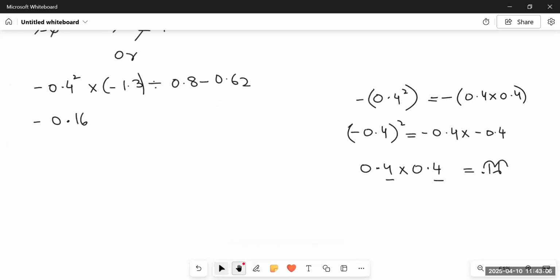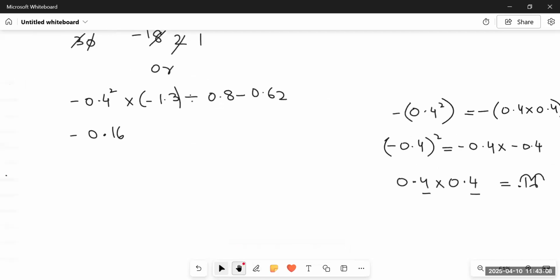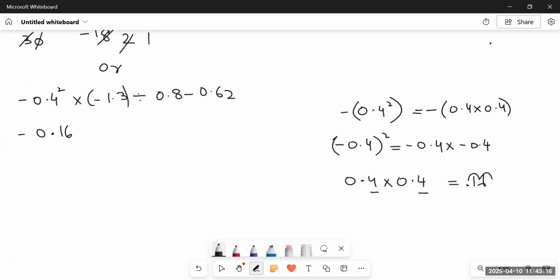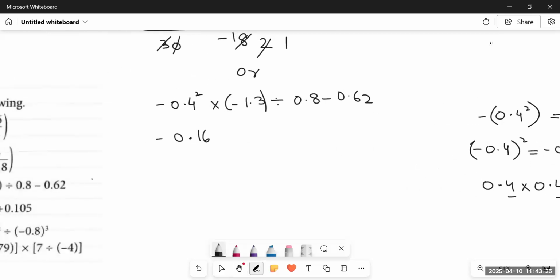Then we have to place a minus sign before it, because we have to find the square of positive 0.4, and this minus sign would be applied later like this. After finding the square of 0.4, we place this minus sign over here. Then there is a multiplication sign, minus 1.3 divided by 0.8 minus 0.62.